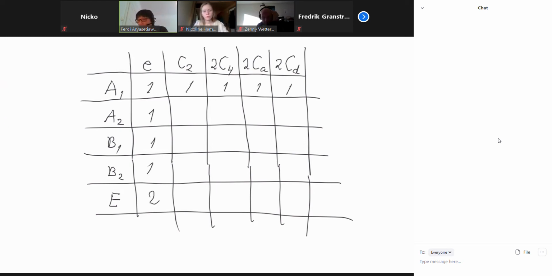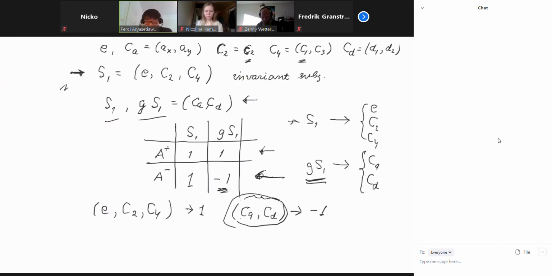So now we can use this homomorphism. So we had before, let me go back to the original one. Yes. So we see that we represent the elements belonging to CA and CD by -1.